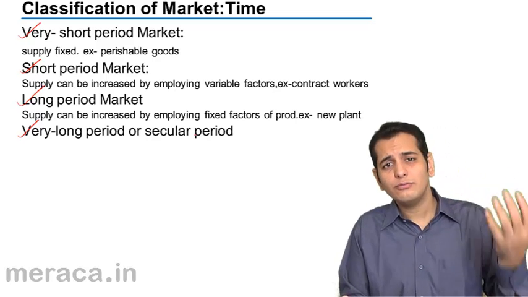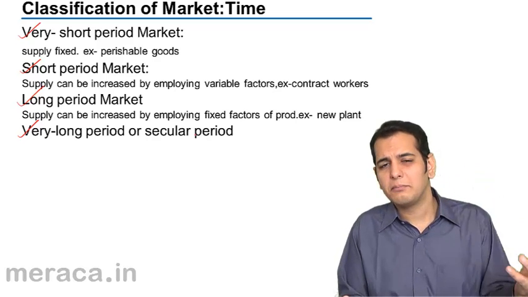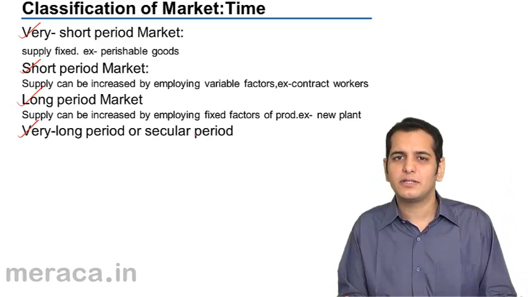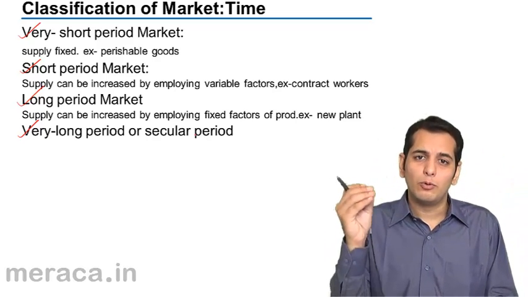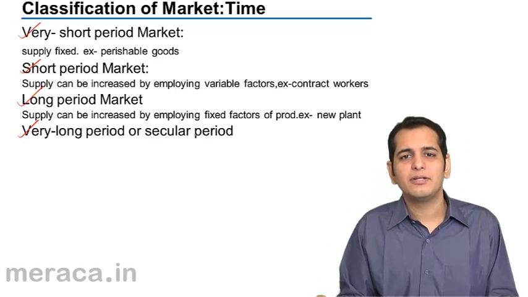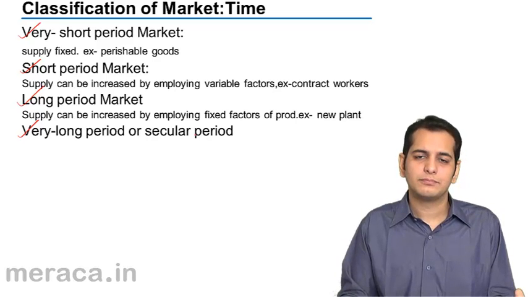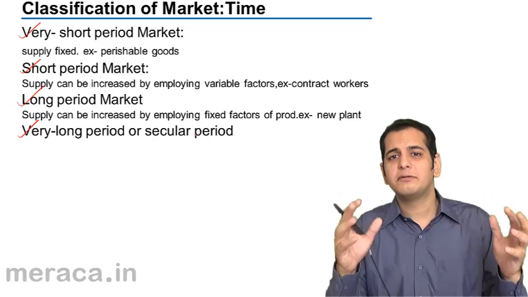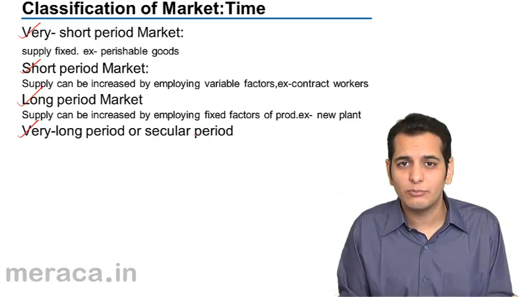So you allow the demand to set the price, you allow the demand to set the quantity, you allow the supply to set the price, you allow the supply to set the quantity, and where both the demand and supply meet, you say that you have reached the equilibrium. So this is a market wherein you allow the demand and supply forces to dictate. Let them set the price, let them set the equilibrium quantity.